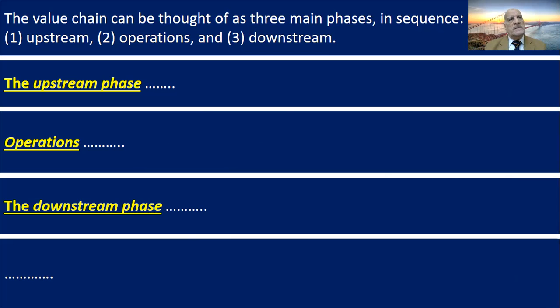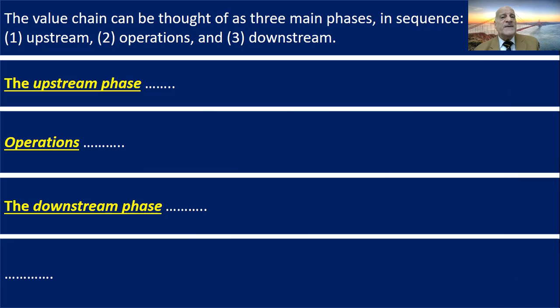As for the third stage, which is the downstream phase, the downstream phase refers to linkages with customers, including delivering service and other related activities.